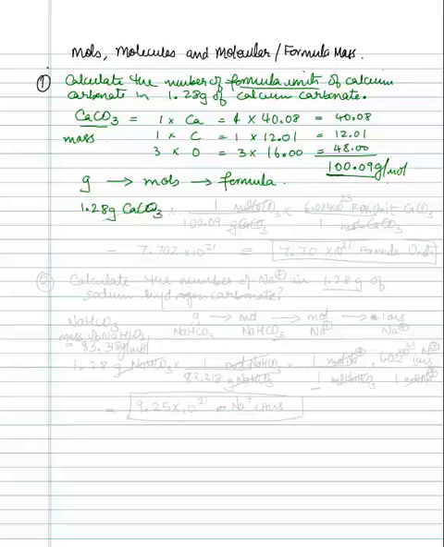I would suggest you always write the formula there, and then convert the grams of calcium carbonate to moles of calcium carbonate, and then from moles we will go to formula units, which I will just write as formula unit.